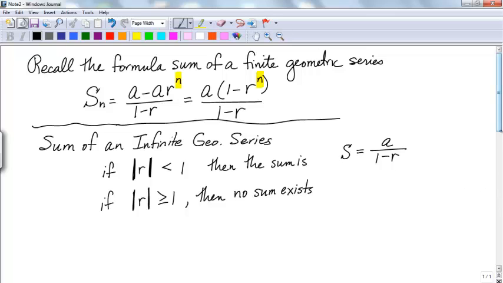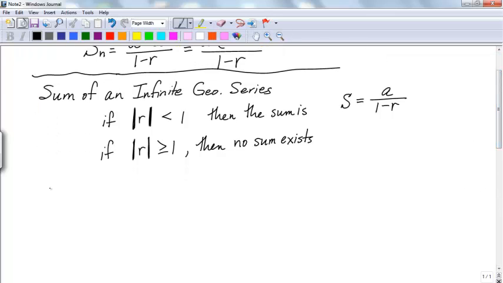Okay, so let's look at an example. Say I give you a series 2 plus 1 plus 1/2 plus 1/4 plus 1/8 plus dot dot dot to show that it continues and it's infinite. And I want to know, is there a sum?